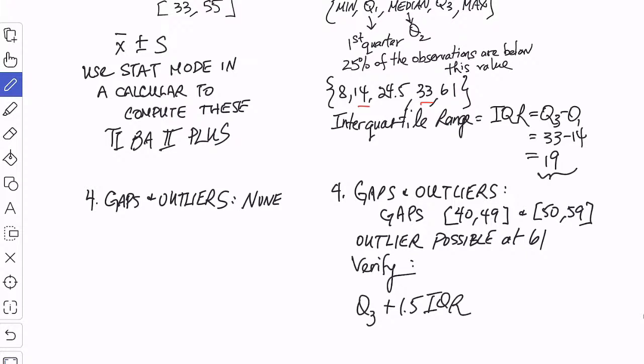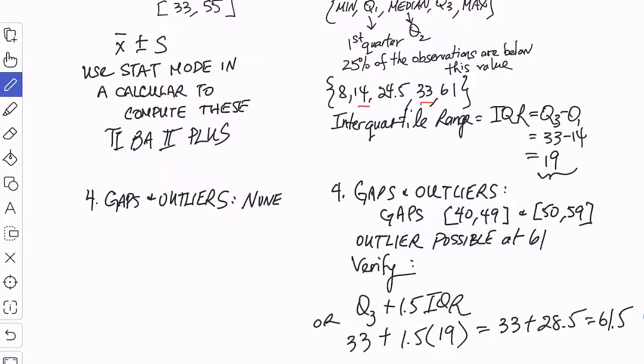So what we're going to do is take 33 plus 1.5 times 19. So that's going to be 33 plus 28.5, which gives us 61.5. So what does this mean? Any observations, let me write it above.